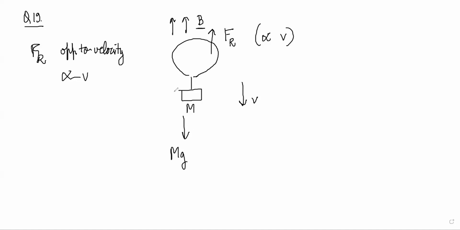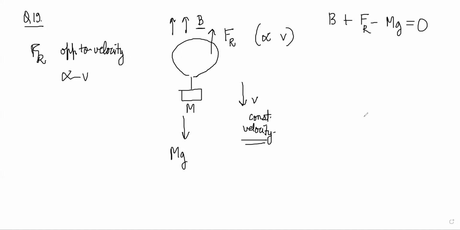And they said that it is going with a constant velocity. So if it is constant velocity, obviously acceleration is 0. Right? That means if acceleration is 0, all the forces are balanced. So the equation of motion for it is B plus Fr minus mg is equal to 0. Right? Yes.